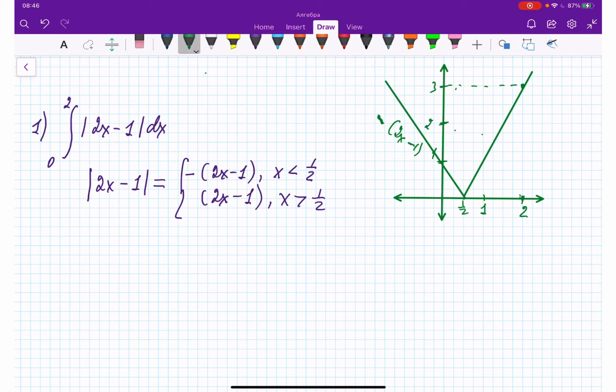Okay, so what do we have? This is our 1/2, and we have only the positive part because it's absolute value, and the positive part of 2x minus 1 also. We are going to integrate, to find the area between 0 and 2. It's going to go like this.